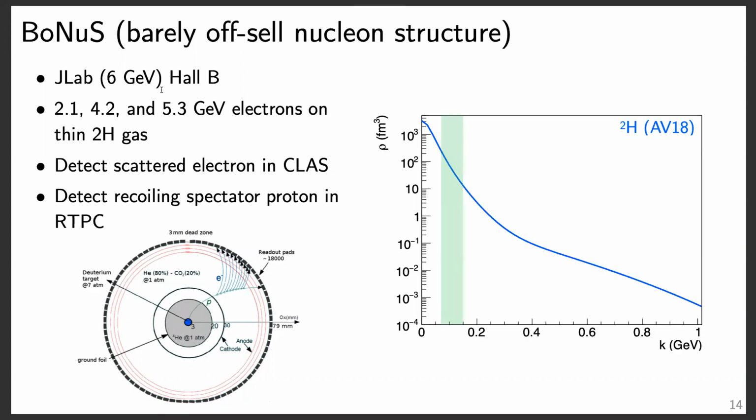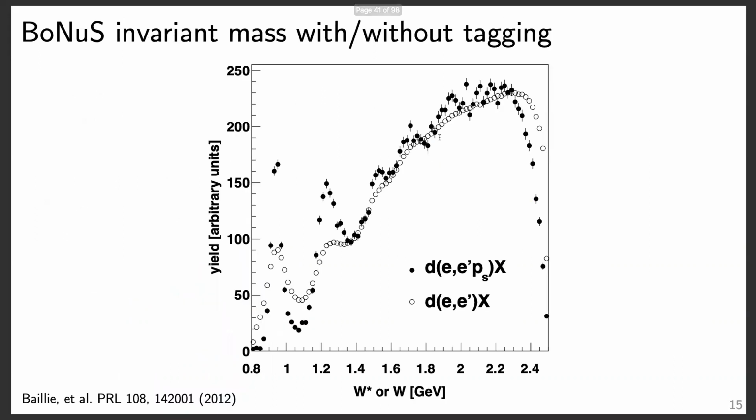The relevant ranges of momentum that they were singling out are shown here. You can see that this is very close to the low momentum part of the deuterium wave function.